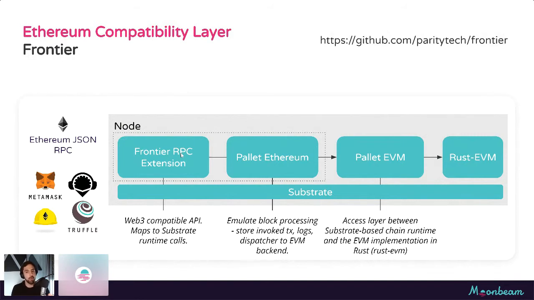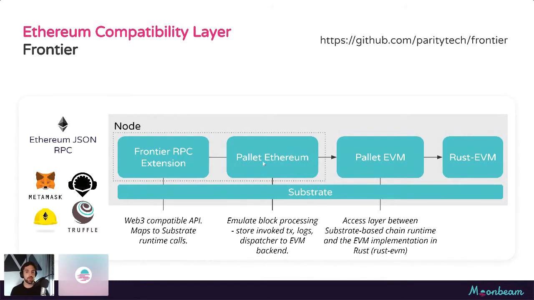So, for example, once again, if we're talking about balance, Ethereum will request a balance in a certain way. Frontier will say, okay, Substrate does not understand this language. I'm just going to translate that call to something that Substrate understands, and then the response that I'm going to provide through Ethereum JSON RPC is going to be structured so that the tool understands it.